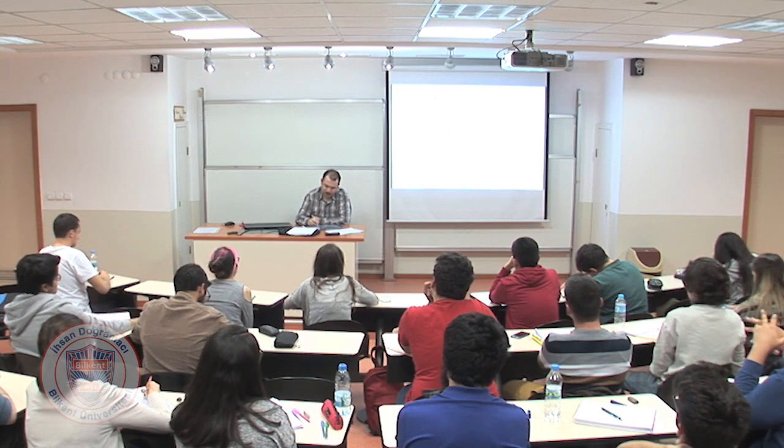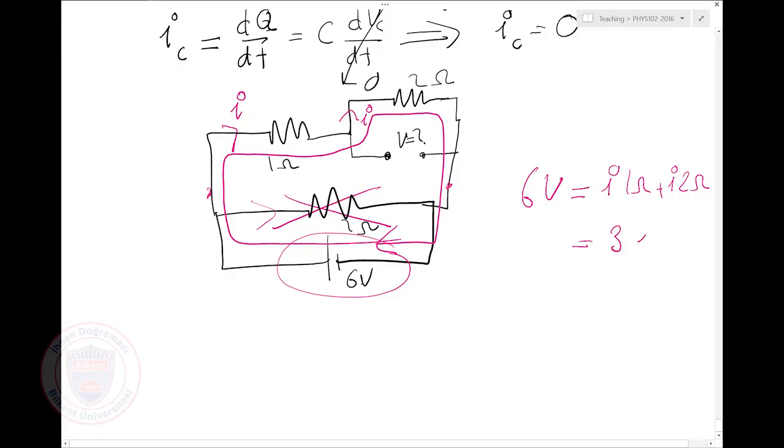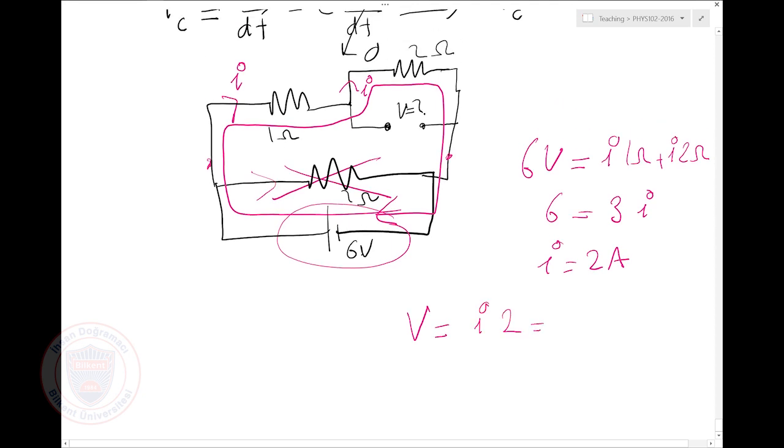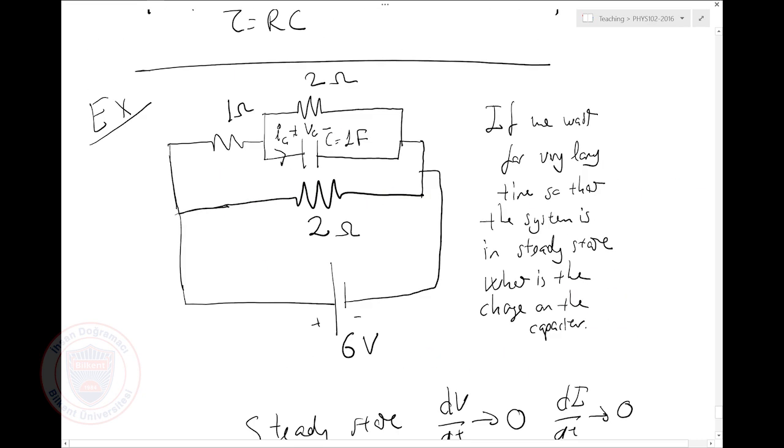Or in other words, 3 times I is 6, I is 2 amperes. So the voltage I'm looking for is I times 2, which is going to be 4 volts. Did the question ask the voltage? No, it asked what's the charge on the capacitor. And capacitance was 1 farad. So Q is equal to CV, it's going to be 4 coulombs if I wait for a long time.